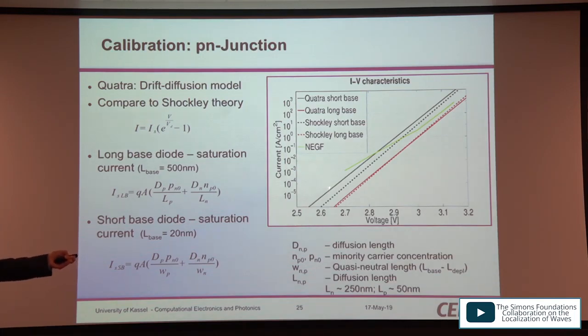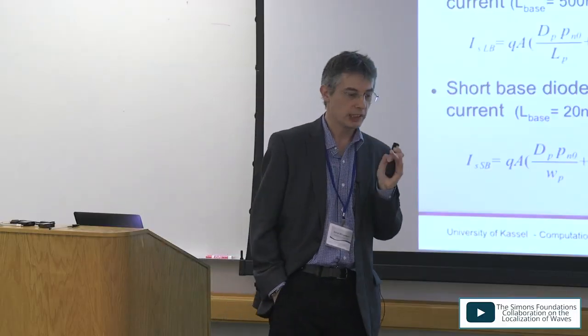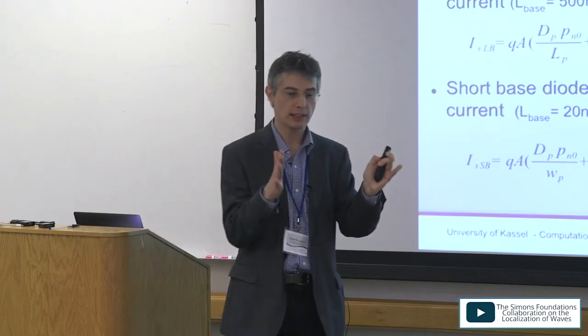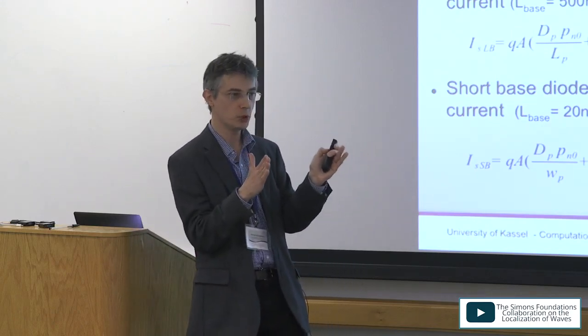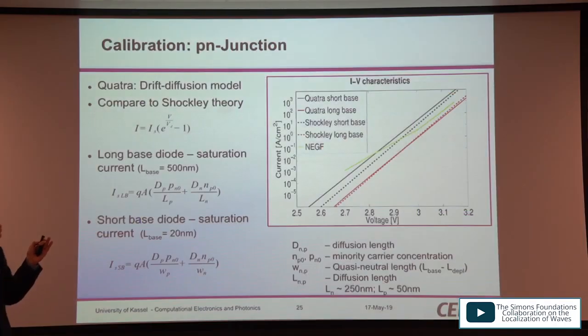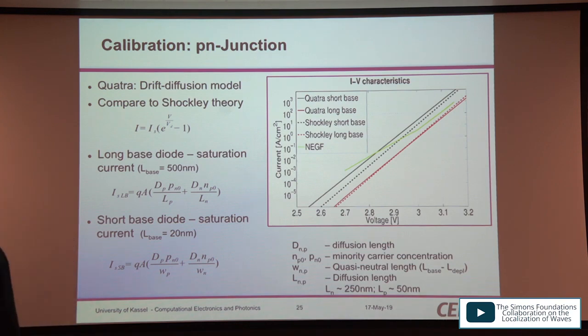Now here you see this gallium nitride PN junction, and we get here the short base, the long base, and here the NEGF. So it's somewhere in between. Unfortunately, what we saw is that at the contacts, the carriers do not have an equilibrium distribution yet. So we still have hot carriers included. This is what skews these data somewhat.